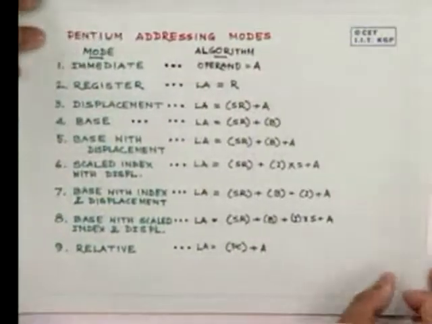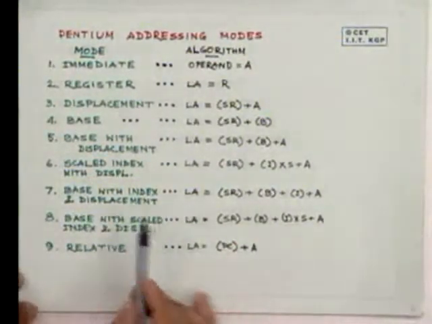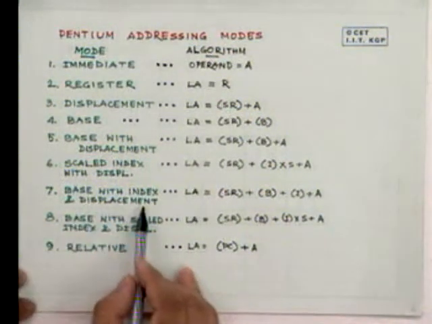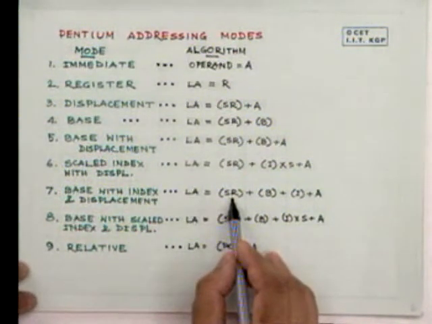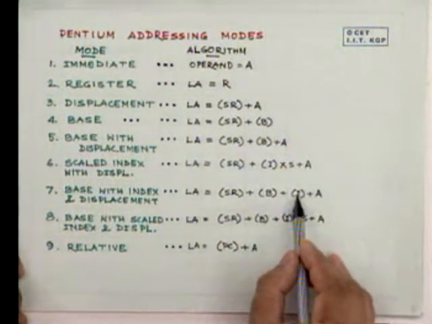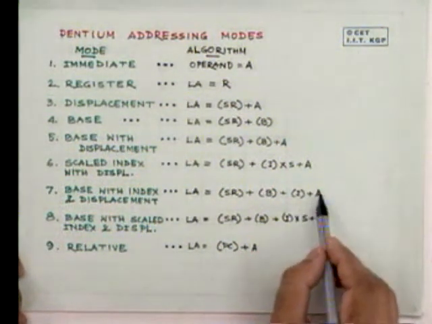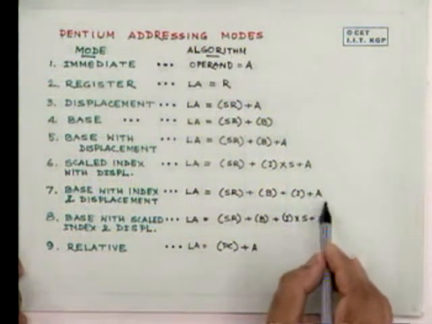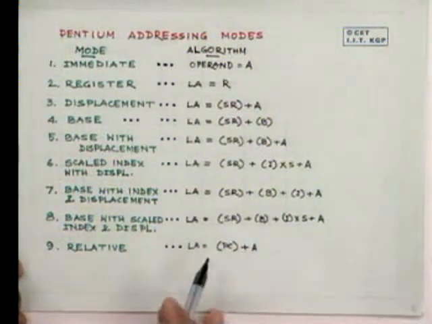Similarly, base with index and displacement is: take the content of the segment register, the content of the base register, then the content of the index register and the displacement, and add all of them together to get the linear address.